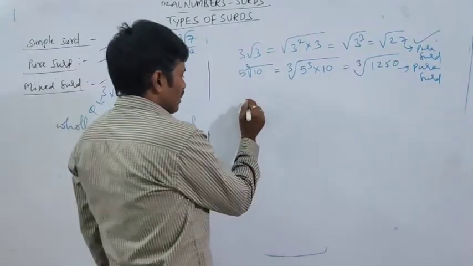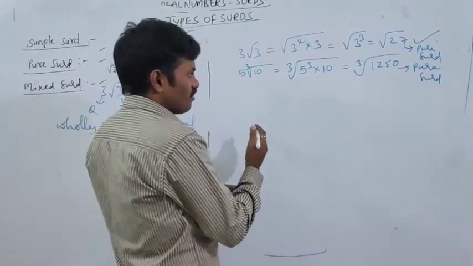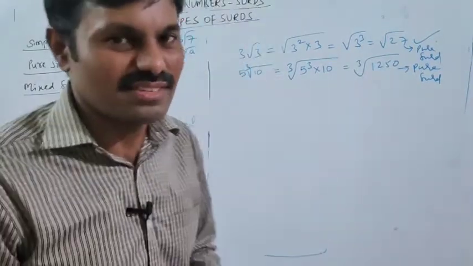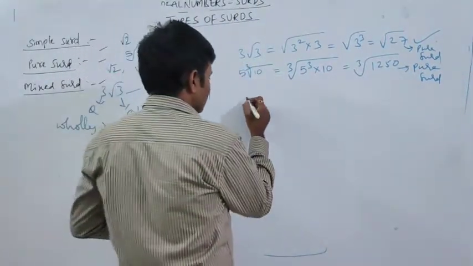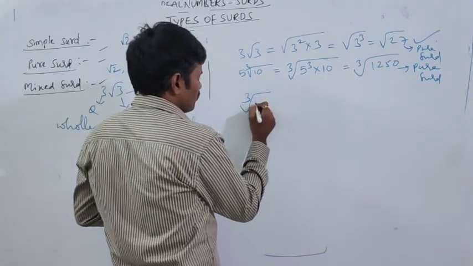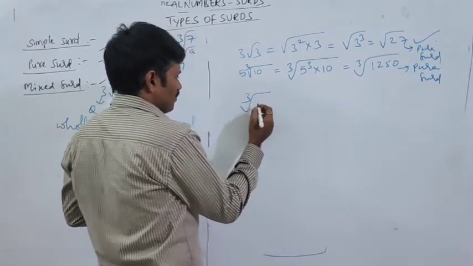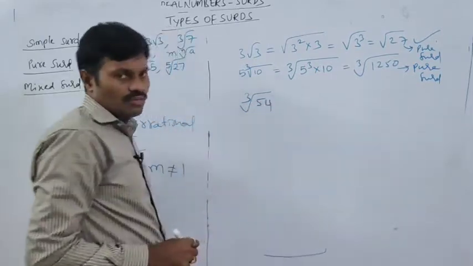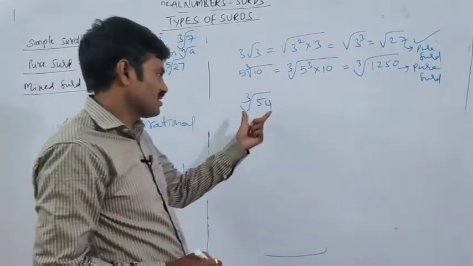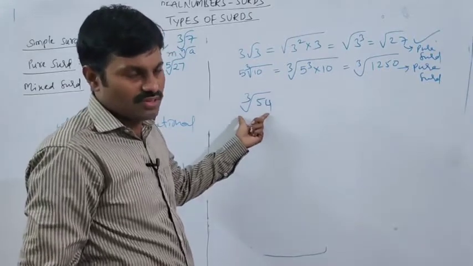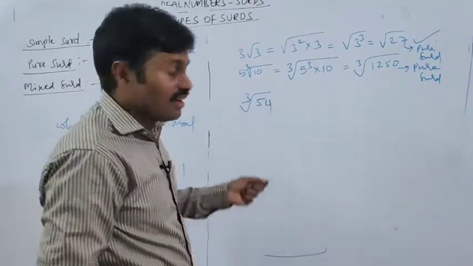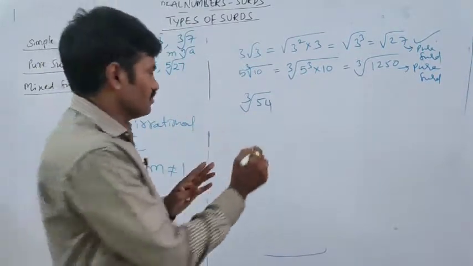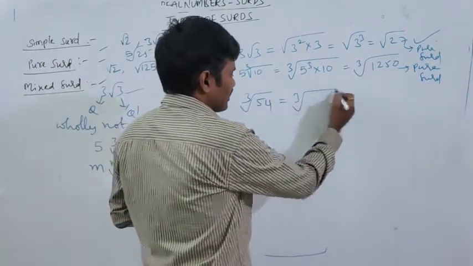Now suppose I am taking the reverse process. Now I am trying to express a pure surd as a mixed surd. Let me try. See, cube root of, take some other number like 54. Cube root of 54. Is it a mixed surd or pure surd? Pure surd. Is it clear? Because here the coefficient of this surd is 1. Okay, now let me factorize.